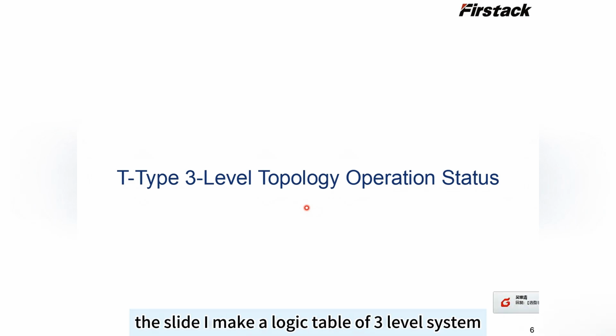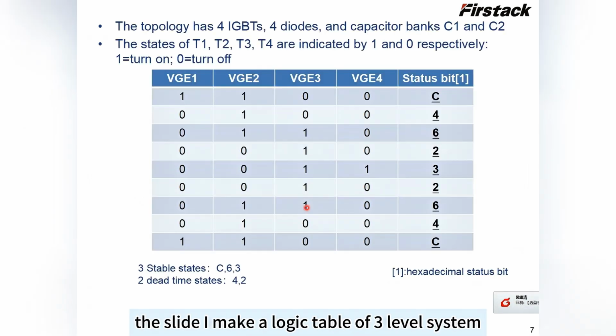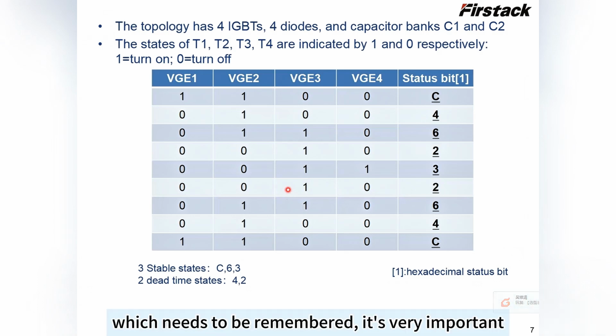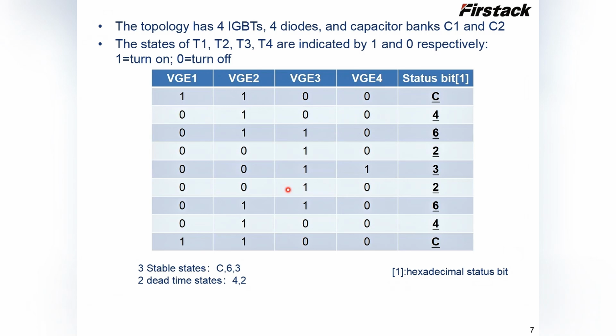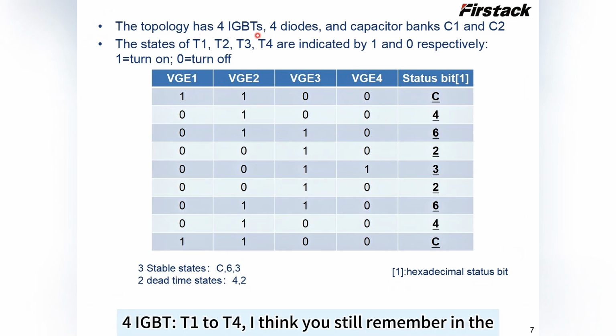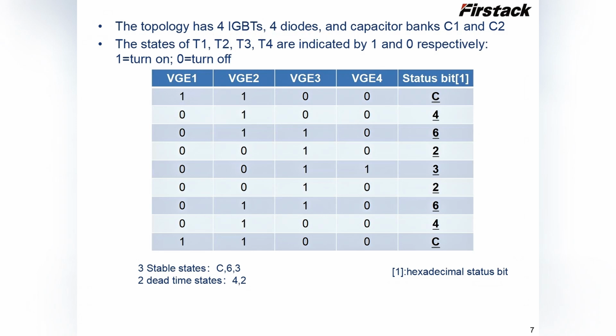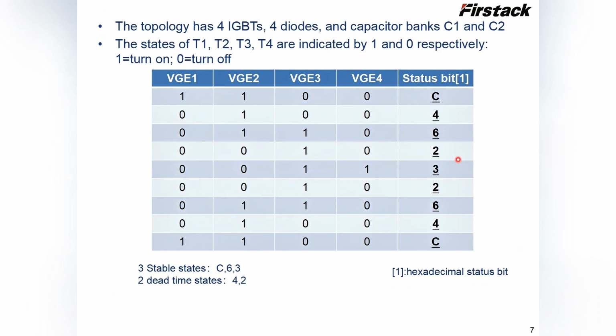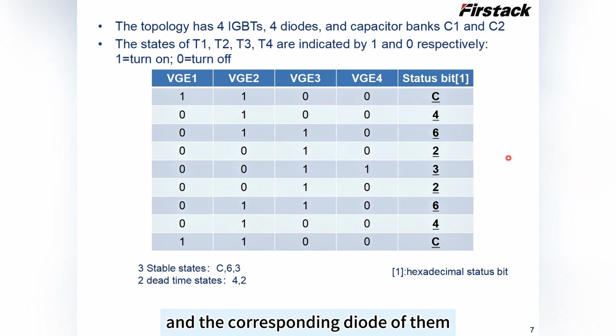Okay, in this slide, I make a logic table of the three-level system, which needs to be remembered. It's very important. The complete topology consists of 4 IGBTs, T1 to T4. I think you still remember, in the last 2 slides I have already introduced them, and the corresponding diodes of them, and also 2 caps, C1 and C2.